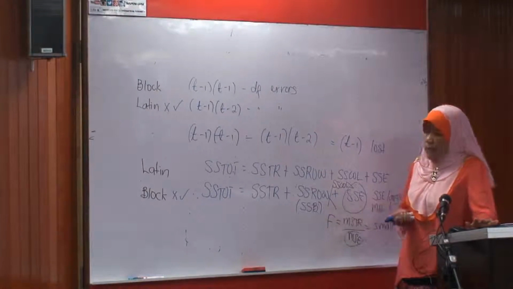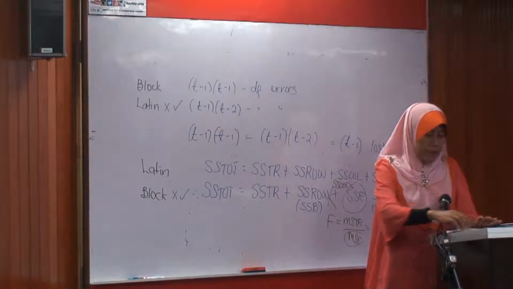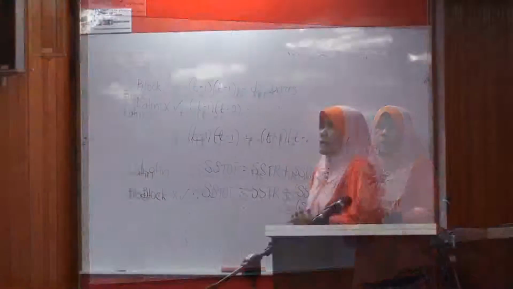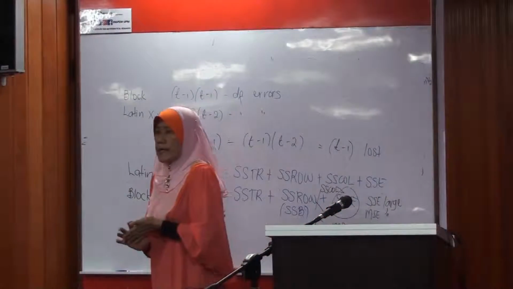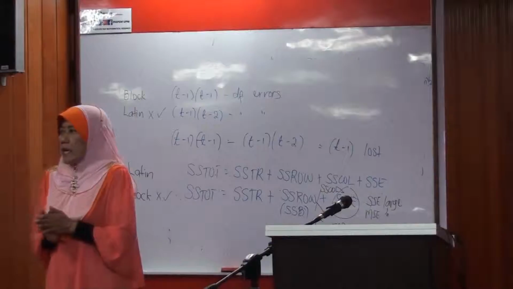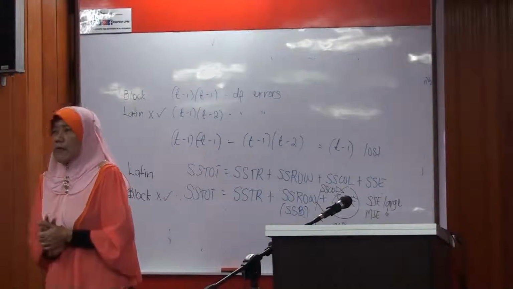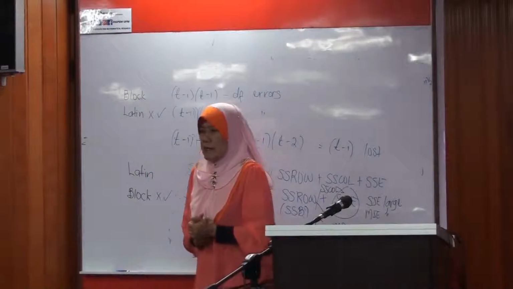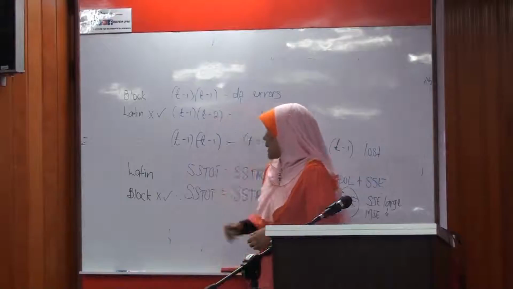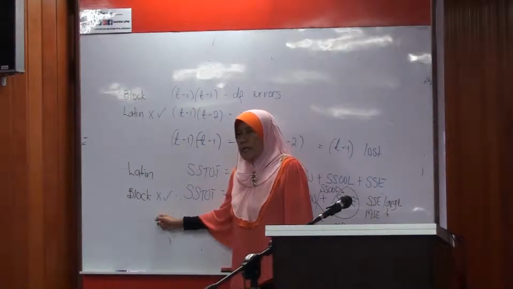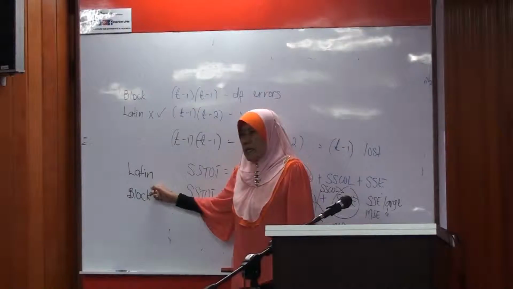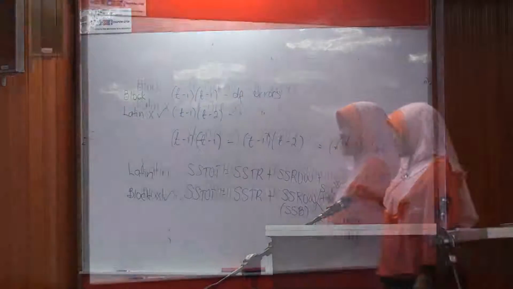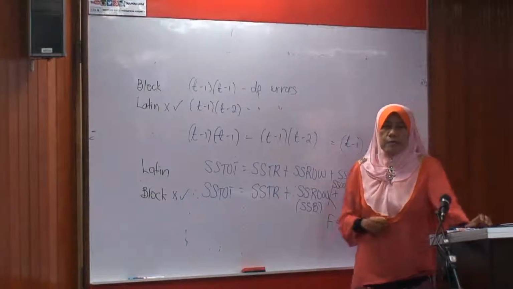Okay. Now, another final question arises. What if I'm not very certain whether to use a Latin square design or a block design? If we are not very certain, always use the Latin square and gamble that there will be another effect, the column effect, that will affect the experimental result.